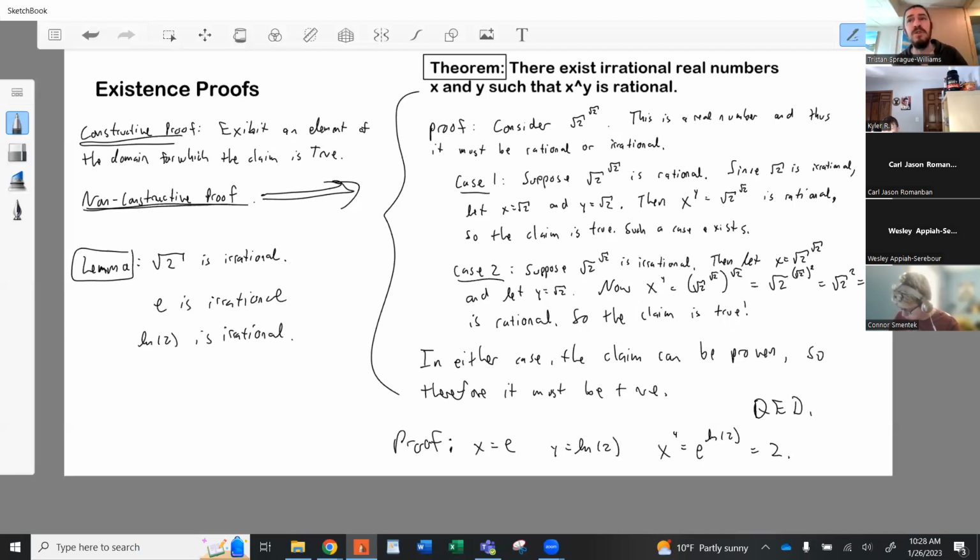But you can also evaluate a proof based on its sort of value, and maybe how it makes you feel or what it contributes to your knowledge, other than just that the claim is true.